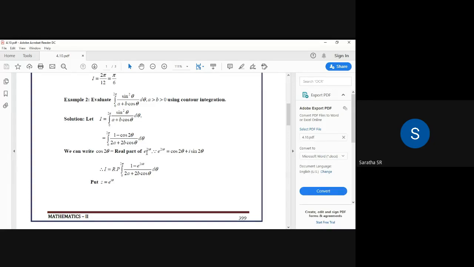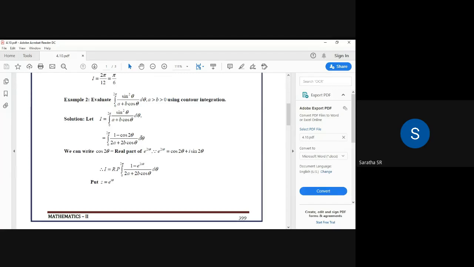We know by Euler's rule that cos 2 theta can be written as the real part of e power 2i theta, because e power 2i theta is cos 2 theta plus i sin 2 theta. We know this. The real part of this function is cos 2 theta. So we write cos 2 theta as the real part of e power 2i theta.